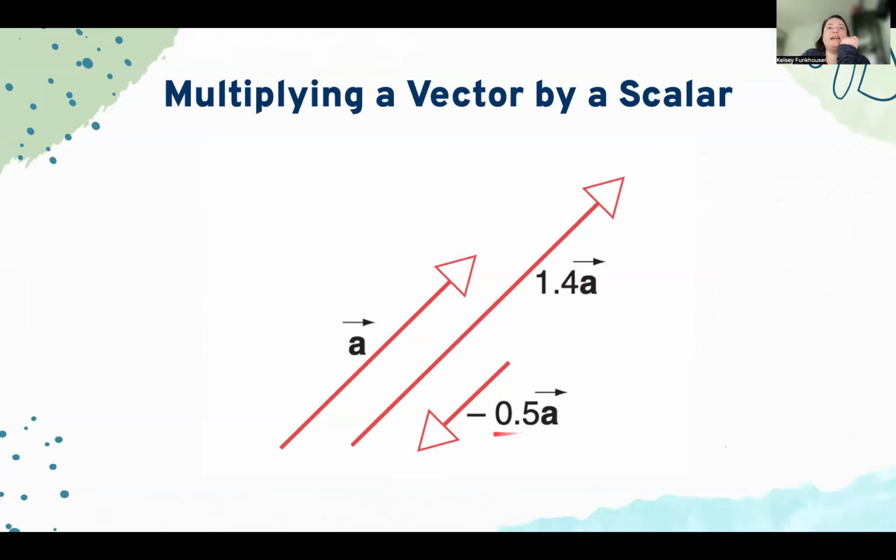And this vector here is negative 0.5 times A. So again, the scalar is negative 0.5. But you can see with all of these, the angle that the vector is at is unchanged. And the direction for this one does change when you multiply it by a negative.